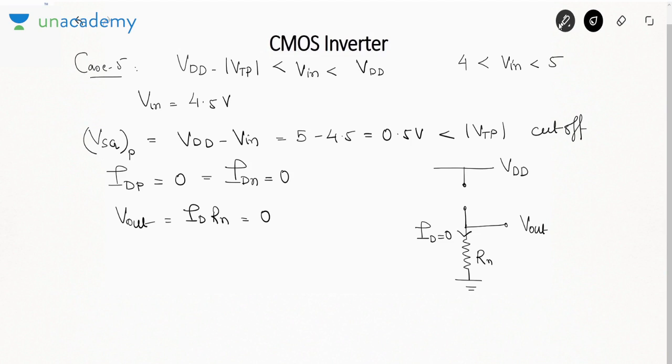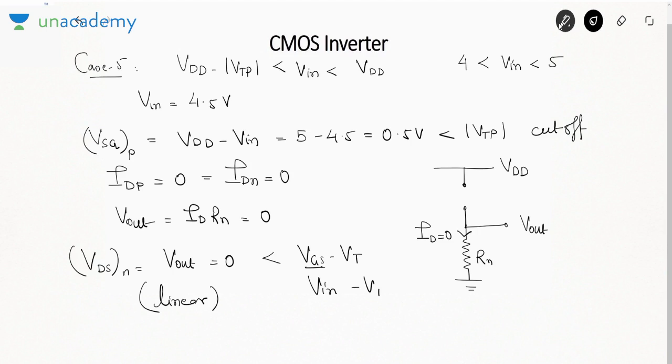But we want to know the region of operation of NMOS. For that we need VDS of N, which is Vout, which is 0. So it is less than VGS minus VT. So it will be in linear region, because VGS is Vin. Vin is how much? 4.5 minus 1, that is 3.5. So it is in linear region and PMOS is in cutoff.